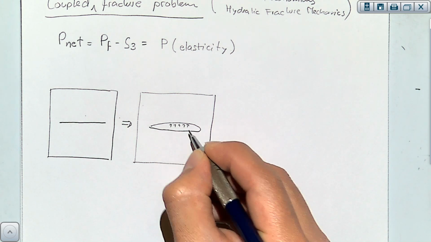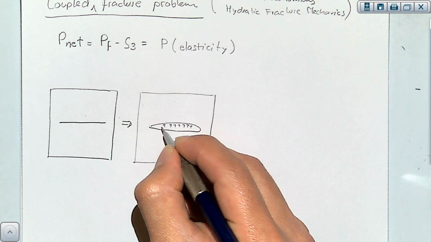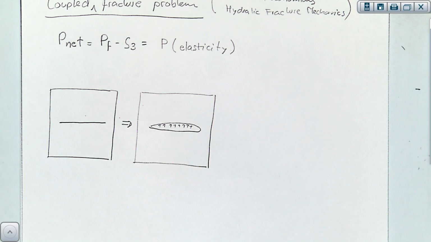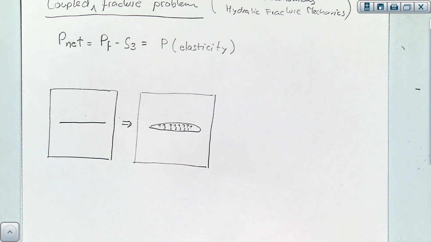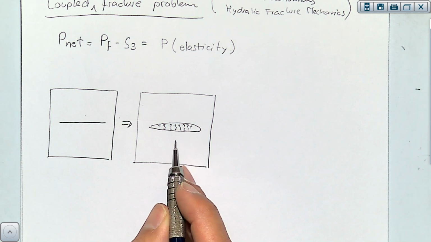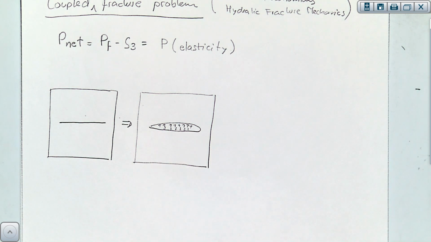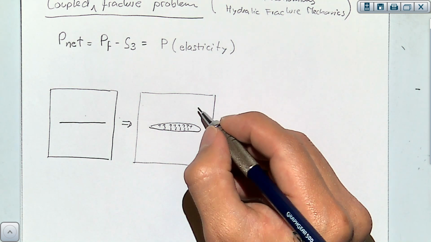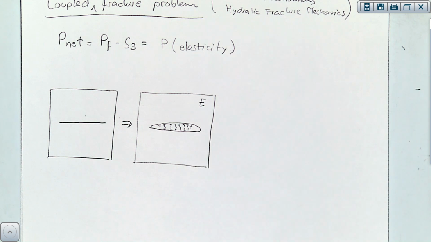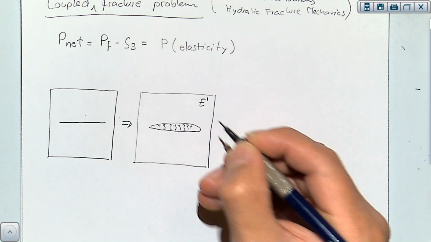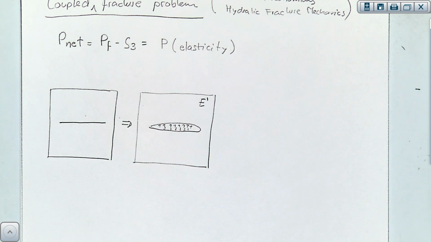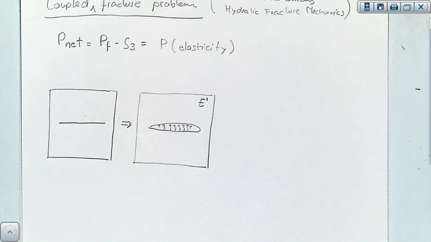And the pressure here in the fracture needed to do this. Part of this is going to depend on how elastic the rock is. This rock is going to have a given, let's say, Young modulus, and we'll see in a bit why we'll call it another type of Young modulus, called plane strain modulus.